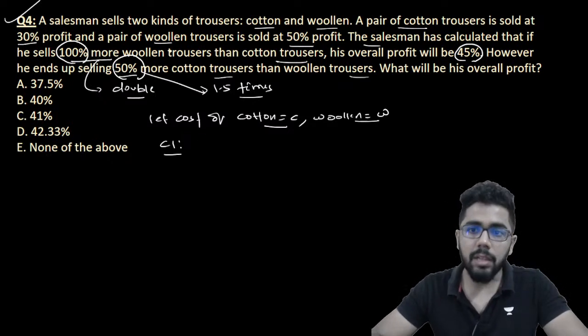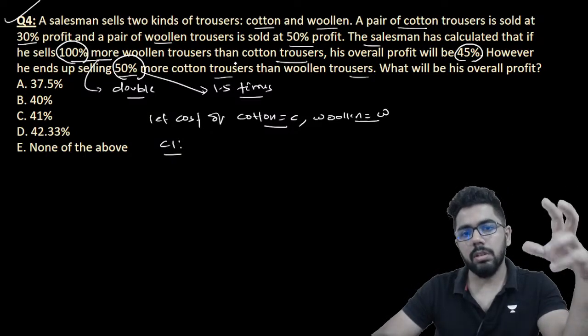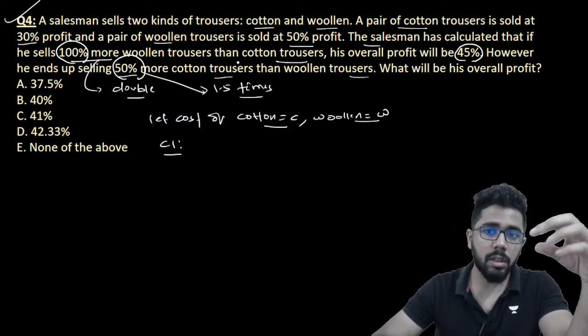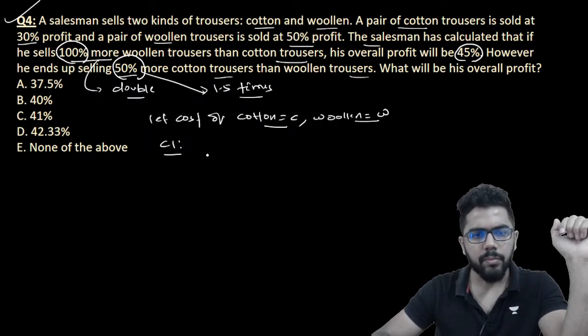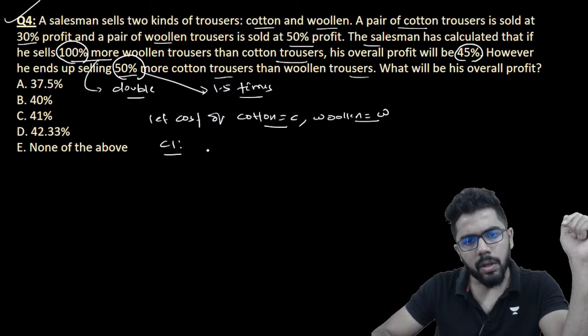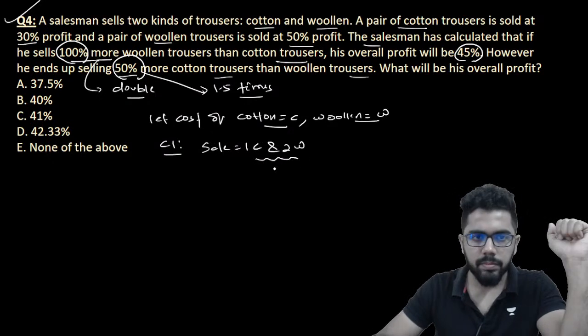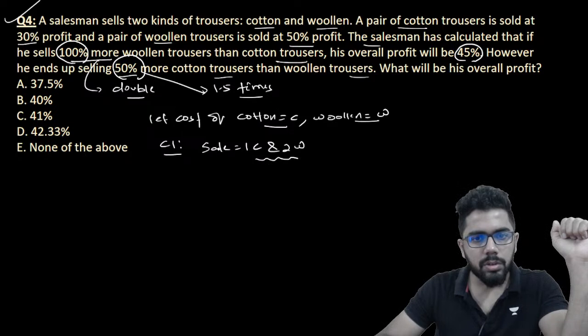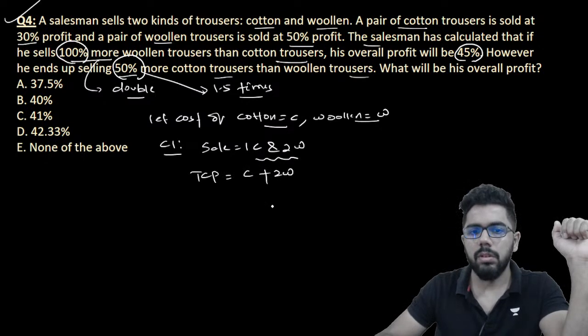The salesman calculated that if he sells 100% more woolen trousers than cotton trousers, then whatever number of cotton he sells, he sells double that in woolen. Let us say he sells one cotton trouser and double that in woolen, so one cotton and two woolen. So what is the total cost price? Total cost price is C plus 2W.